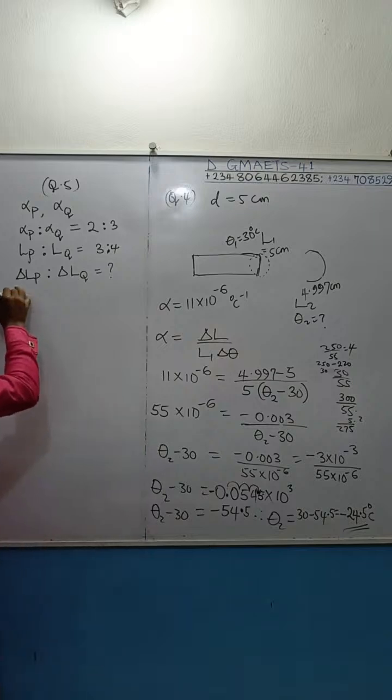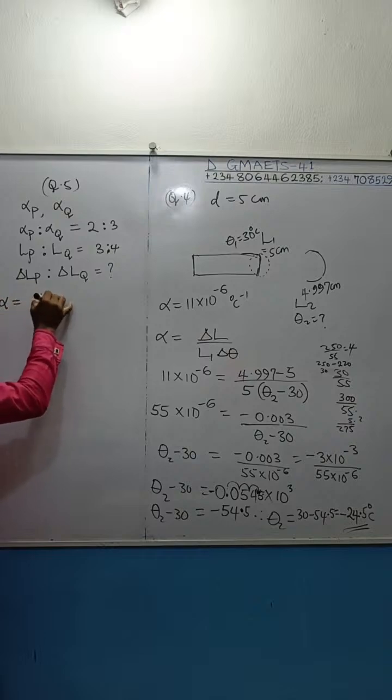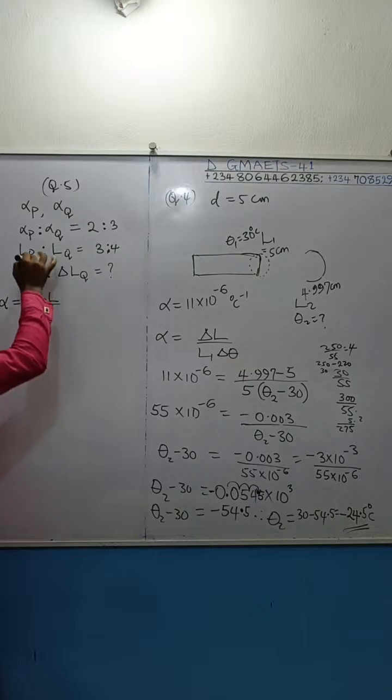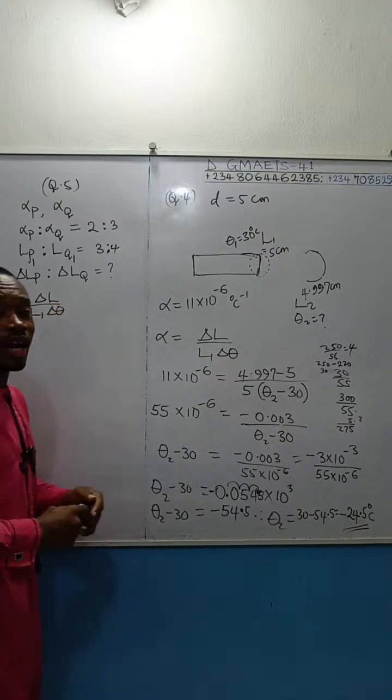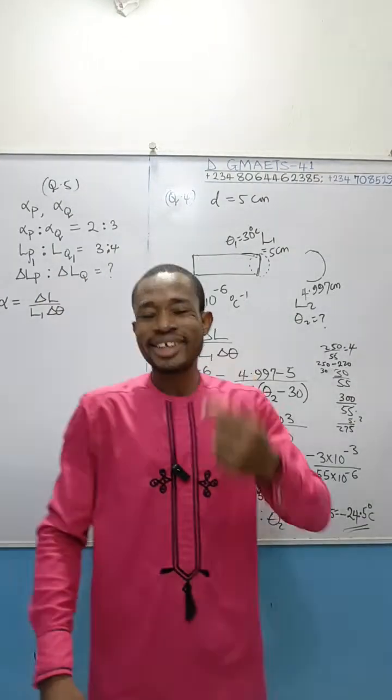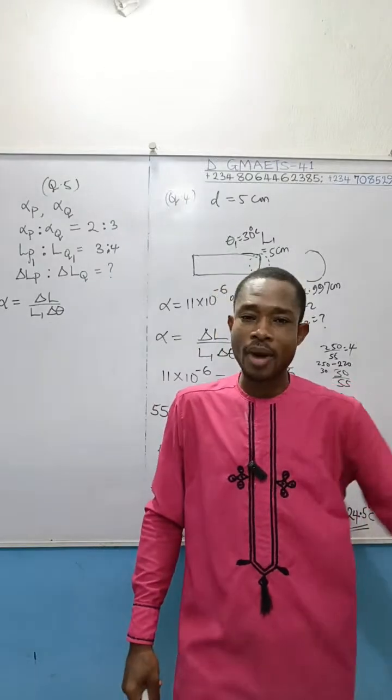So from here, I'm going to recall that the coefficient of linear expansivity is equal to change in length all over the original length, like I say, using subscript 1, times delta theta. Now, if you look at the question, we are told that they were both heated through the same temperature rise.